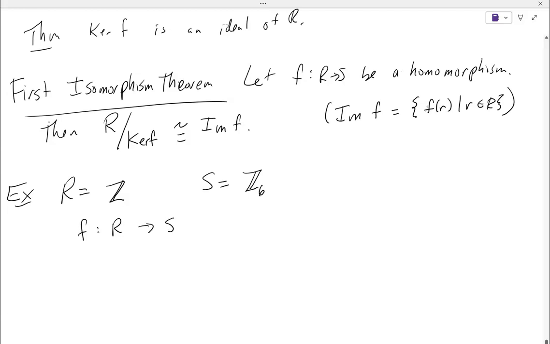Hopefully it'll be obvious. And I want it to be surjective. I want to hit everything in Z6. So can you think of a function that could map any old integer to something mod 6? What might you do?